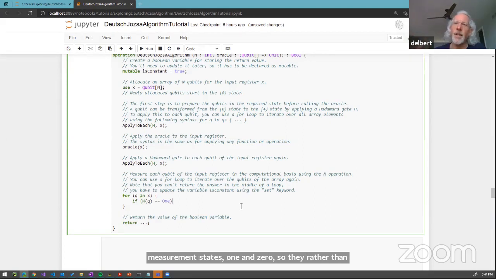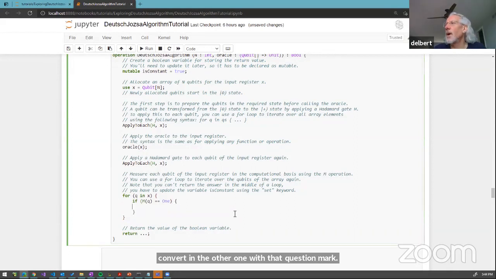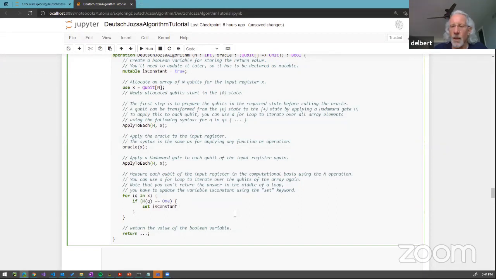We had to convert in the other one with that question mark binary operator. Here, if it is equal to One, then that means we have a balanced function, right? So we would set isConstant to false.